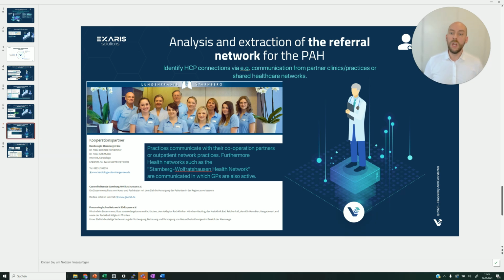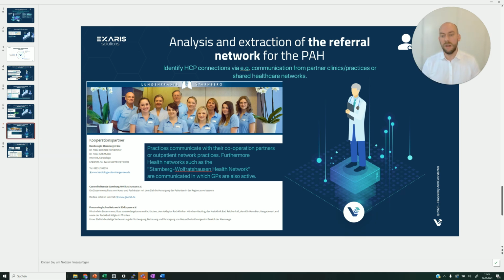And this practice, for example, communicates a cooperation partner, a cardiologic cooperation partner, because in this indication of PAH the cardiologic perspective is very important. So they work together, and so they can introduce you, they can present you, they can have a talk together about the indication, about rare disease.